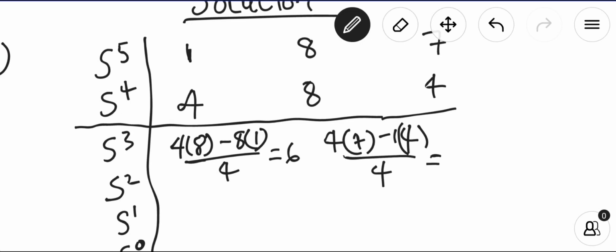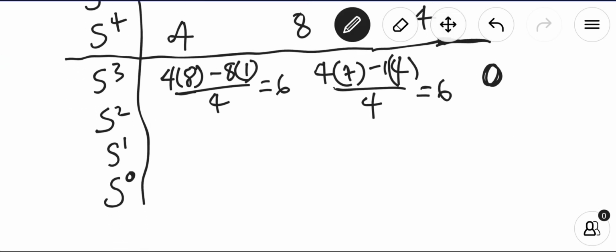This will give you 6. Then for the third column, you have 0, because there is nothing on the right hand side, so that will be automatically 0.